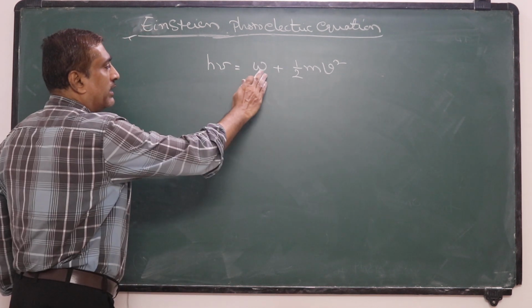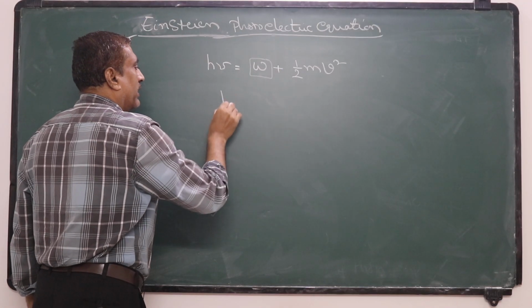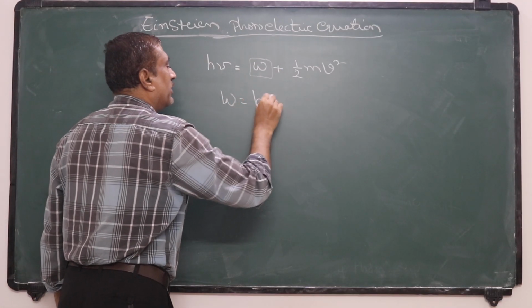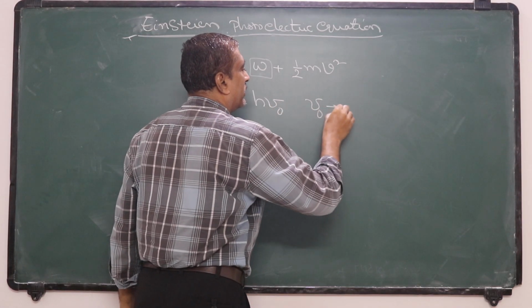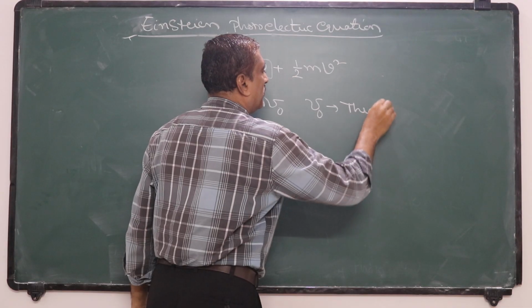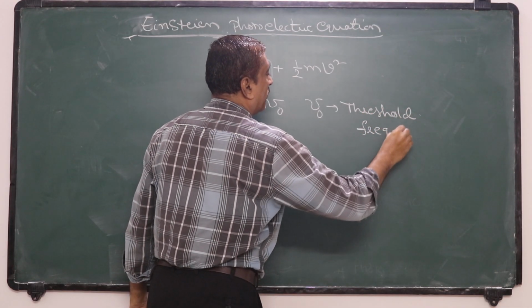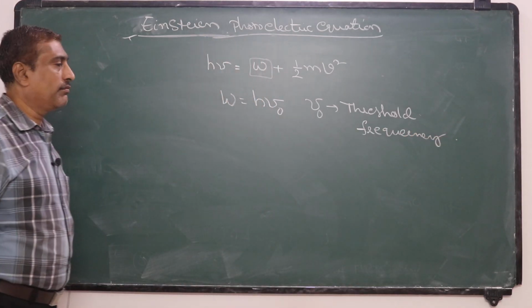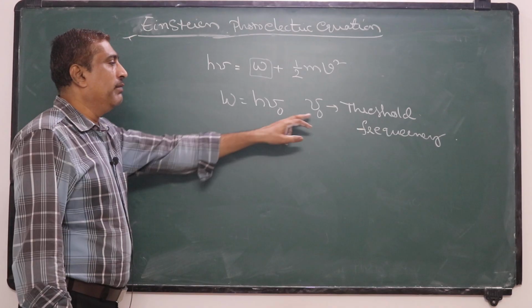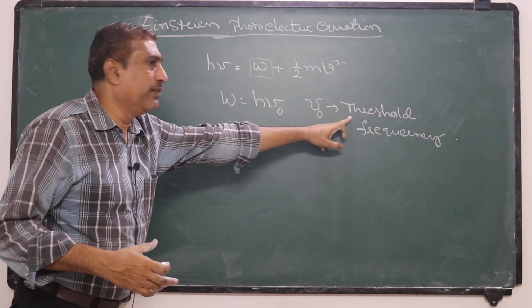Okay. Now this can be written as W, because this is also energy. We can write W as h nu naught, where nu naught is the threshold frequency. That means the minimum frequency required for the emission of electron is the threshold frequency.